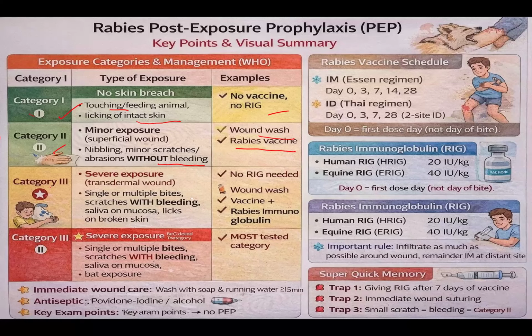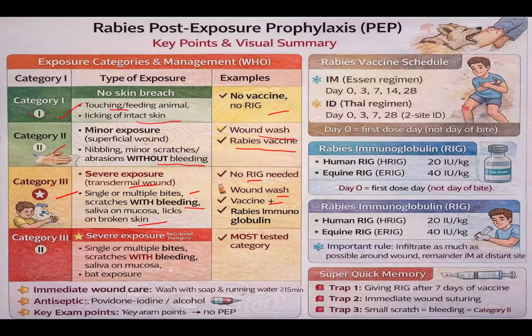Coming to category 3, that is your severe exposure or transdermal wound. Here there are going to be multiple bites with bleeding and saliva or mucosal licks on broken skin. Here you can give the patient the vaccine, and wound washing is also recommended. This is category 3B, which is a severe case.